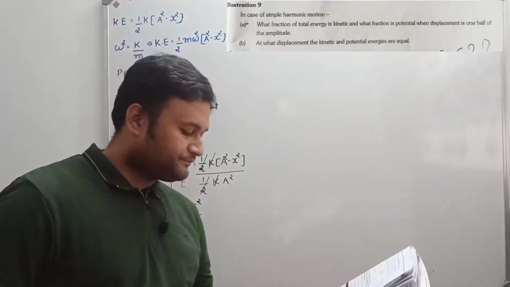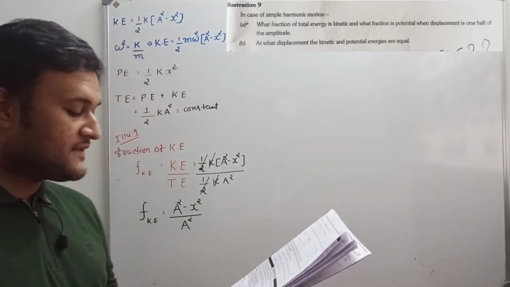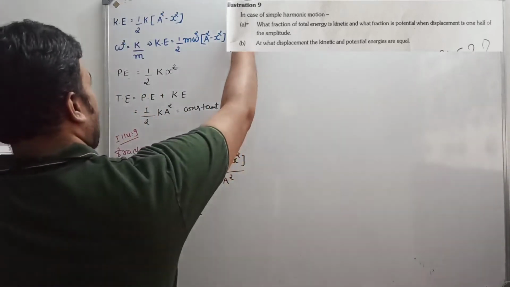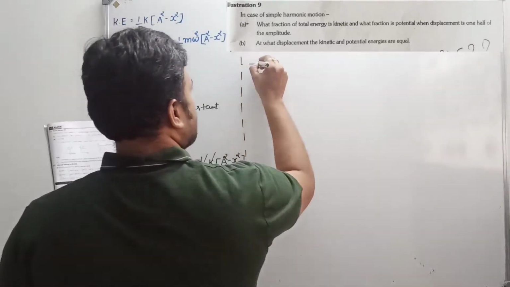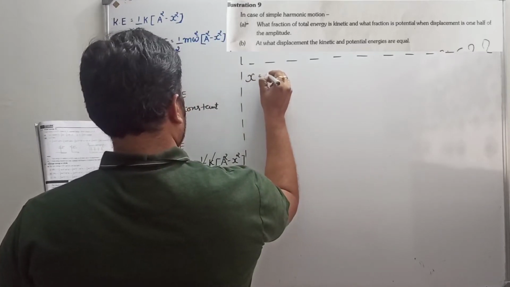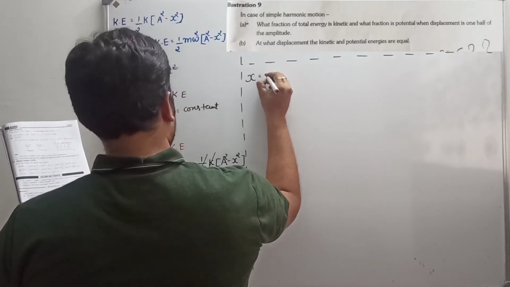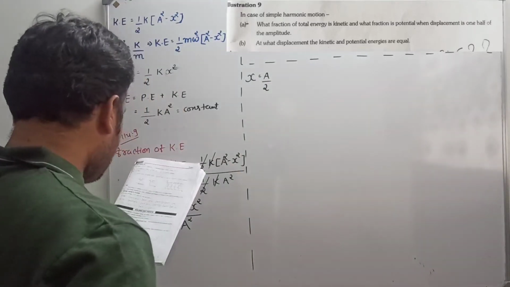And what fraction is potential when the displacement x is 1/2 of its amplitude? The given is x is equal to a by 2.